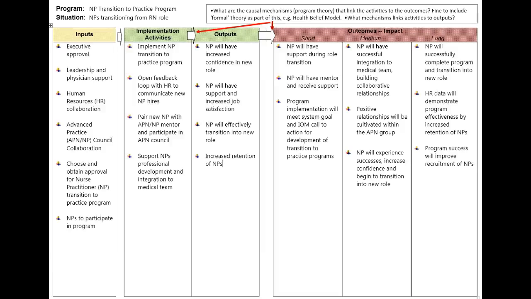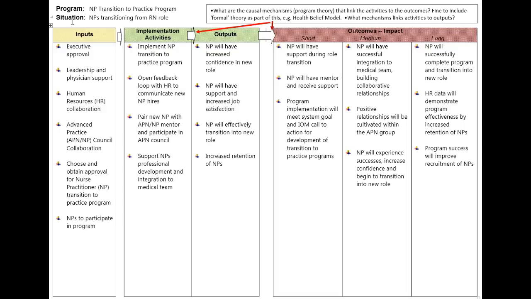I'd like to start with Sabina's logic model, and you can see up here that she's listed the program as this nurse practitioner transition to practice program, and it is for this situation of this transitional period for nurse practitioners.